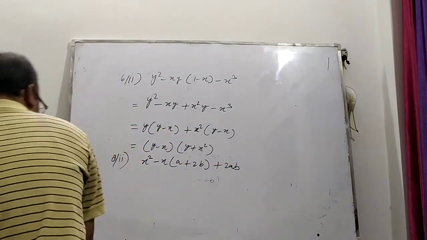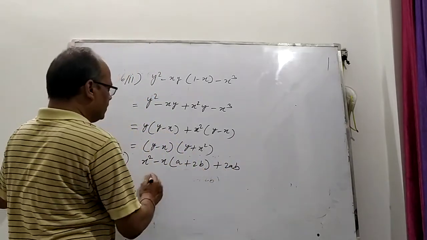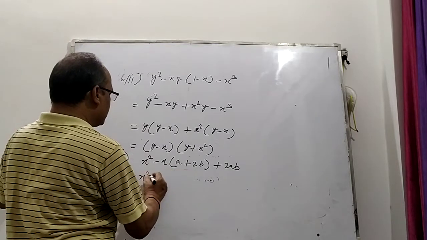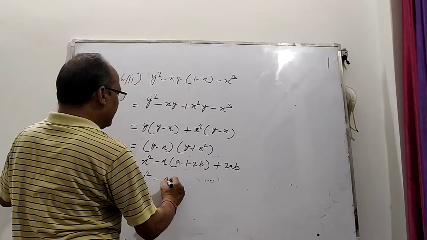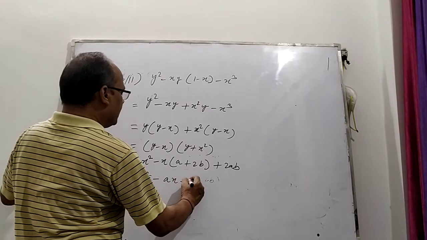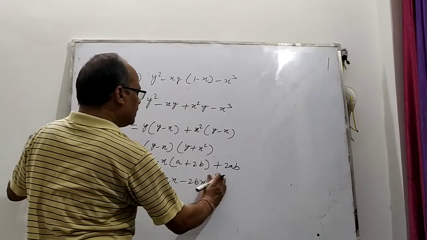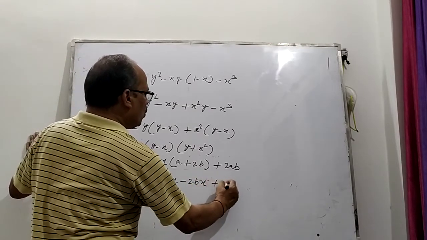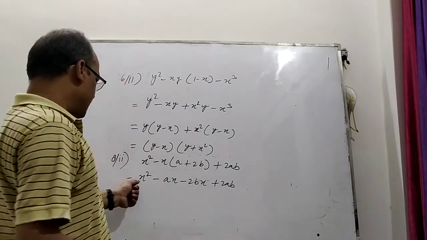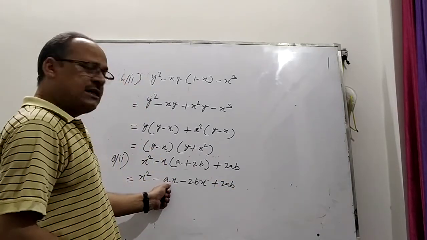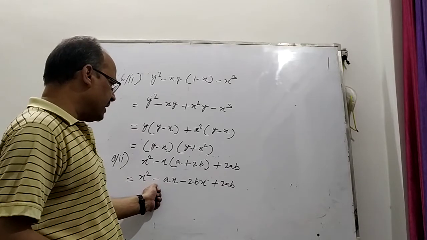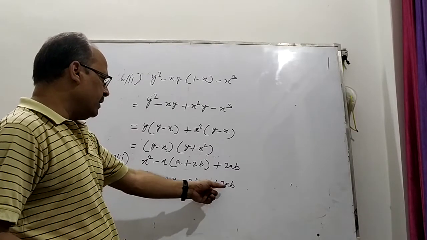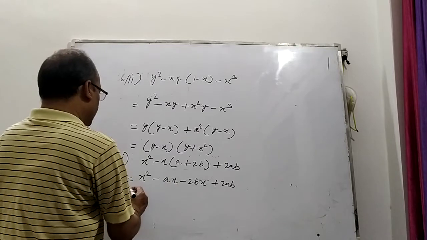Same way, you will expand it. Open the bracket. x square minus ax minus 2bx plus 2ab. You will see what will become here. x is common. What will remain? x minus a. Here 2 will be common, x minus a. Okay.